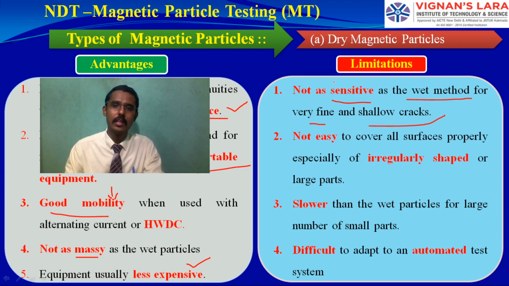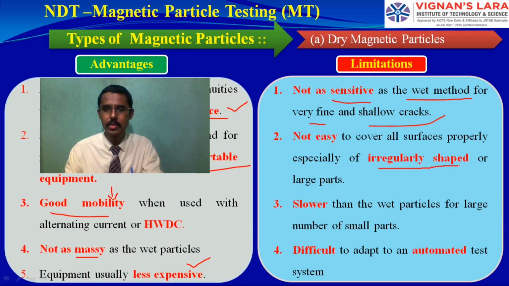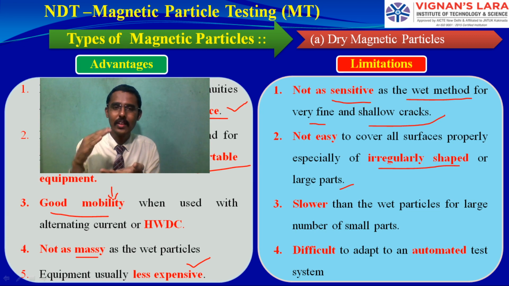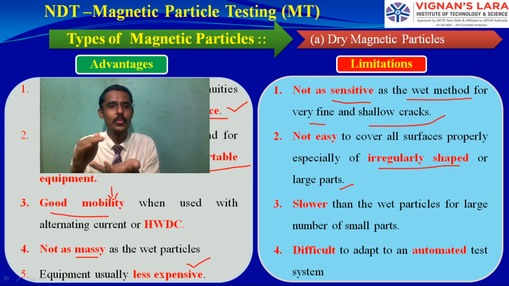Second point of disadvantages of dry magnetic particles: not easy to cover all surfaces properly, especially irregular shapes and larger parts. You see, that is why the point came. On irregular surfaces, liquid particles are able to spread when filled, but in powder form it sticks over there.